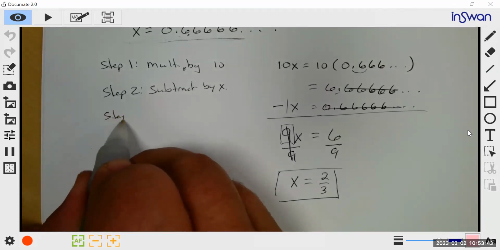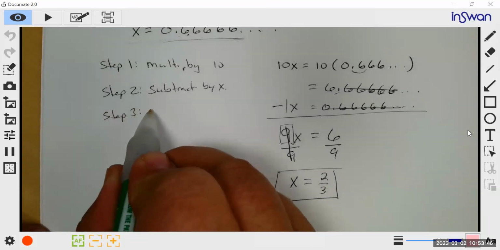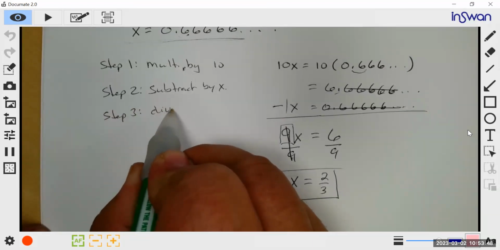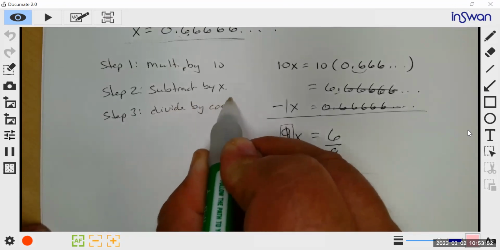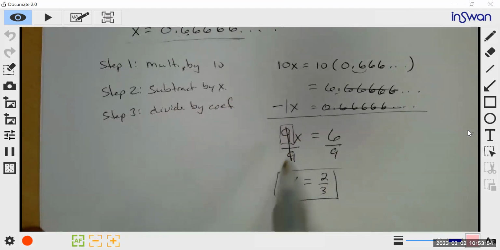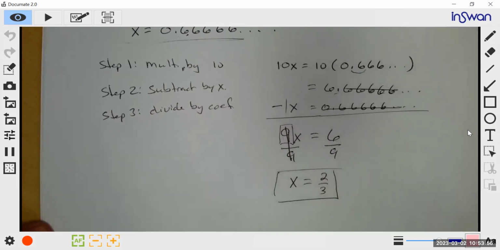Then that's step 3. Step 3, divide by the coefficient, the number in front. We divide by 9.